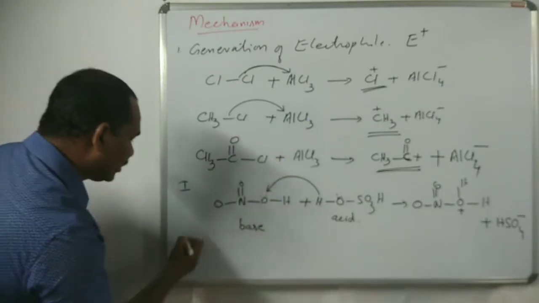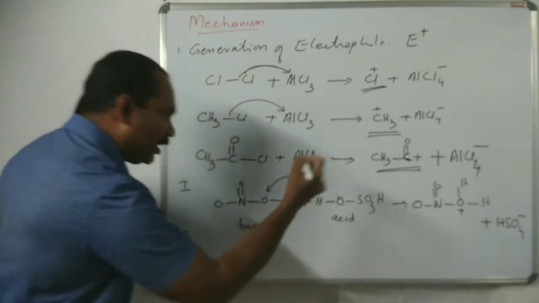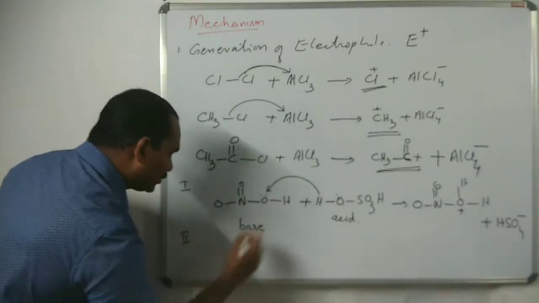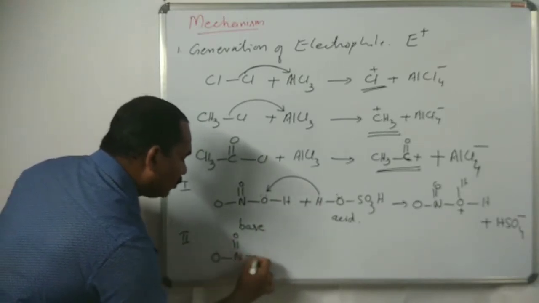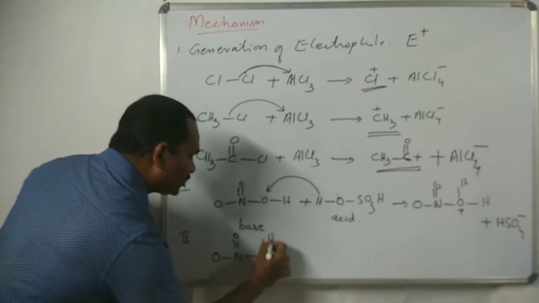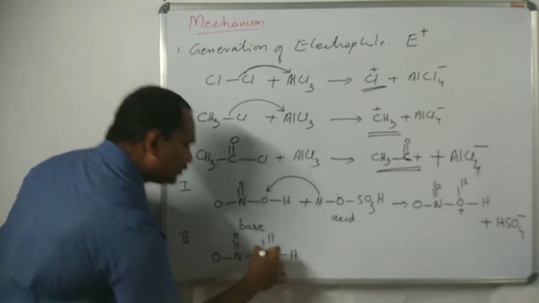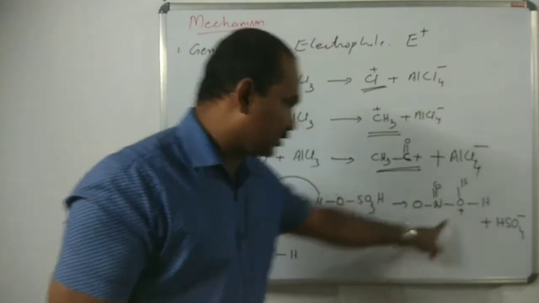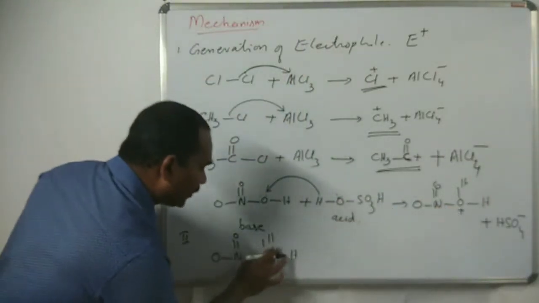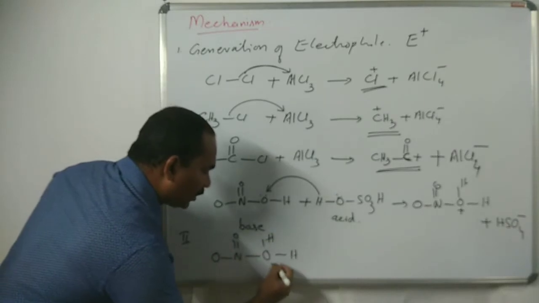In the second step, nitric acid, O, N double bond O, OH, H plus. Here is one positive charge. The positive charge is also written here.